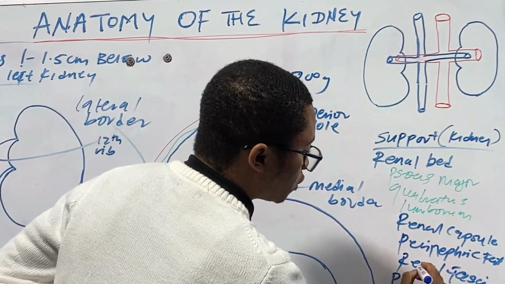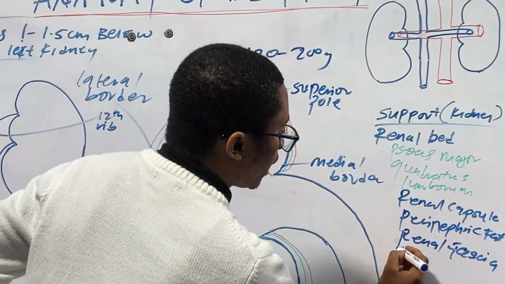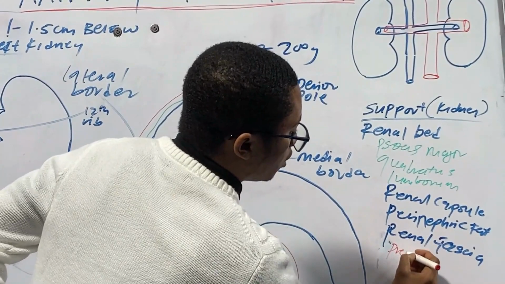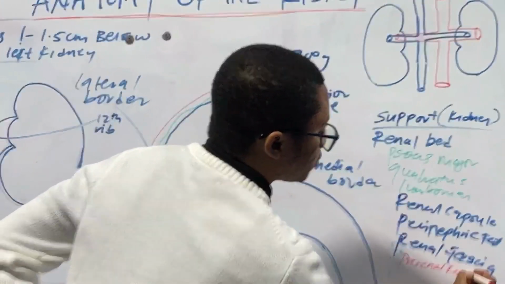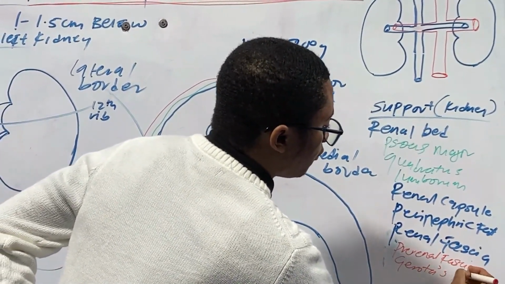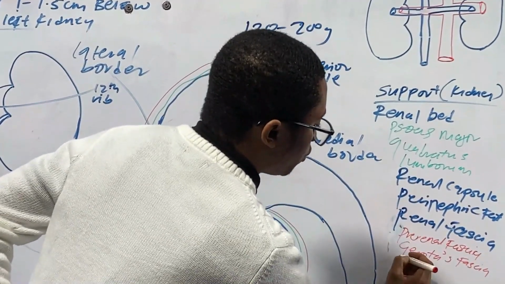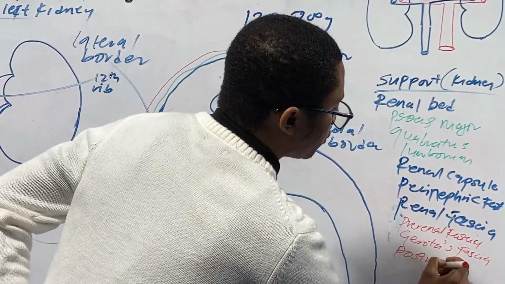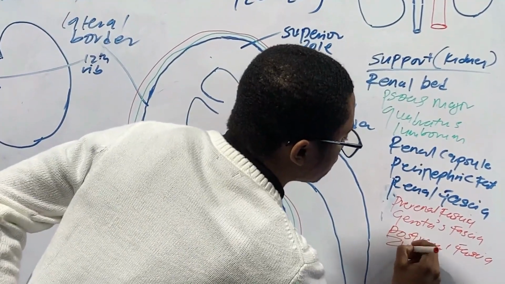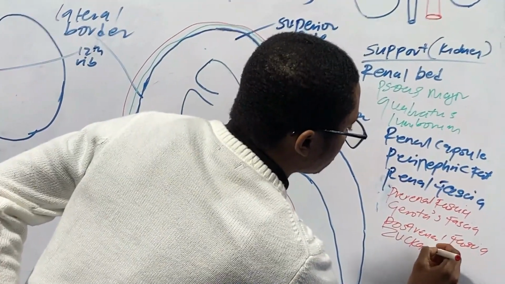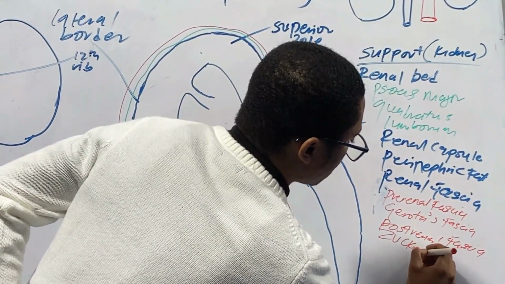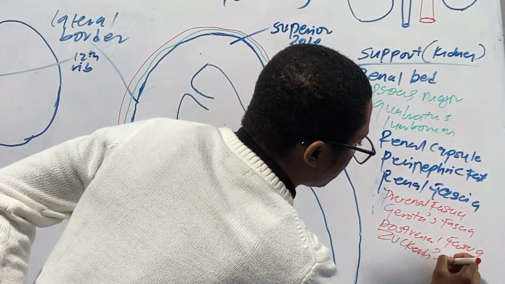The renal fascia is divided into two layers: we have the pre-renal fascia, also called Gerota's fascia, and the post-renal fascia, also called the Zuckerkandl's fascia.